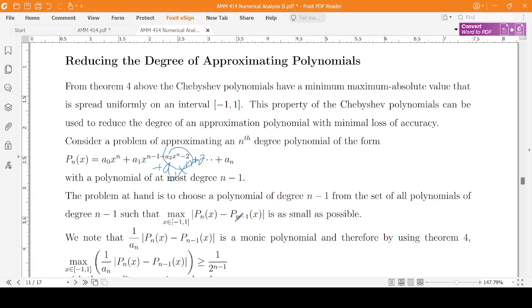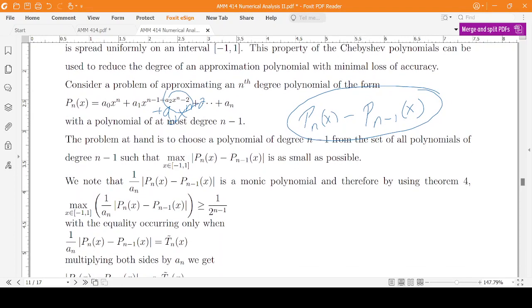So if we can make this as small as possible, then we shall have the best approximating polynomial. So we note that when we subtract Pn minus 1 of x from Pn of x, we get a polynomial of degree n.